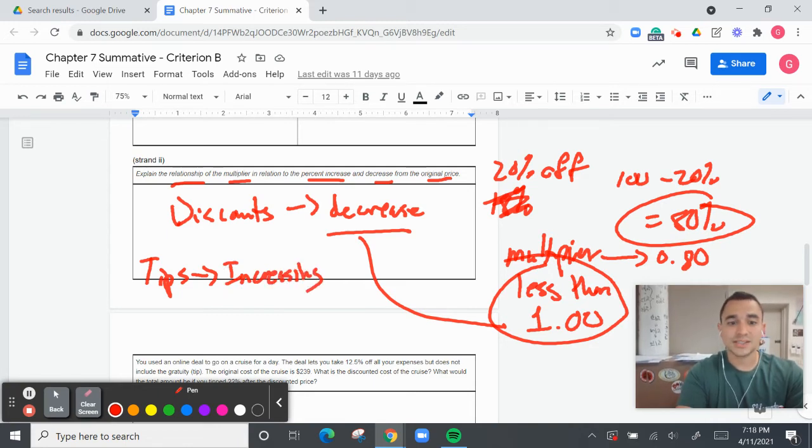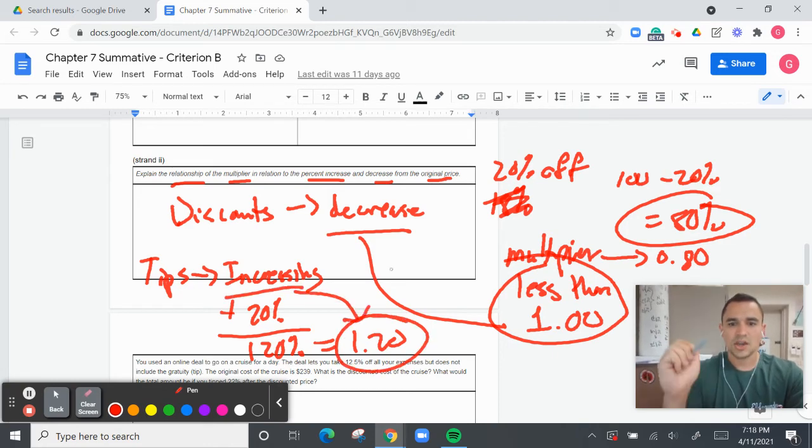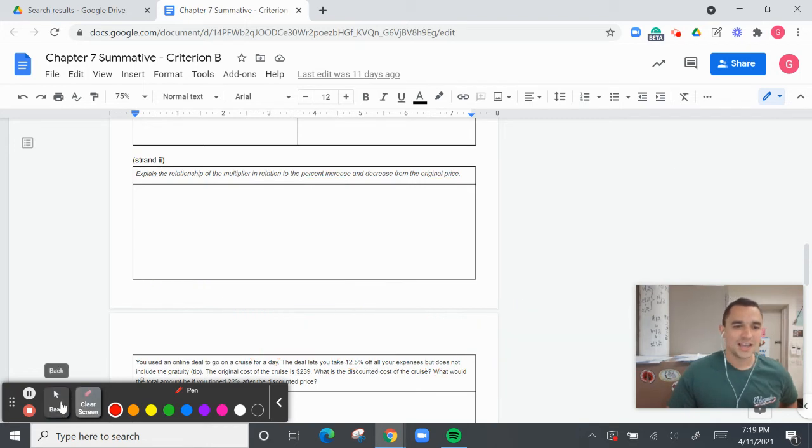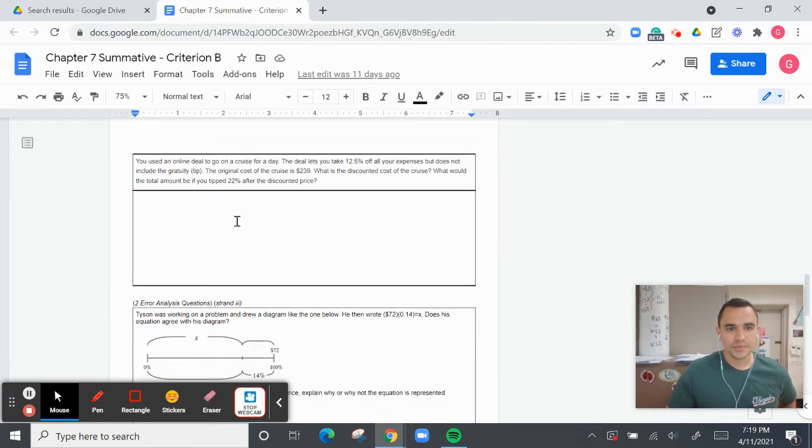And if it's increasing, let's say I'm adding 20% tip, that means my total is going to be 120%, which equals 1.20, and that is going to be increasing because it's greater than 1. All right. Okay, great. So that's pretty much what we wanted to figure out. I wrote that on the board before the test too, so hopefully you wrote it down in your notes. Going on to the next one.